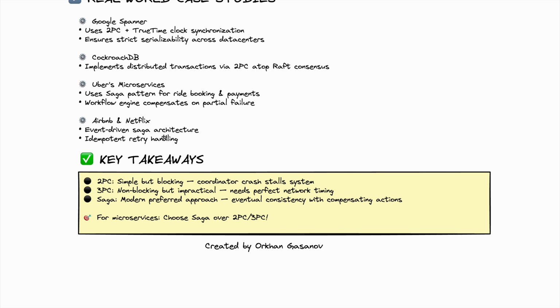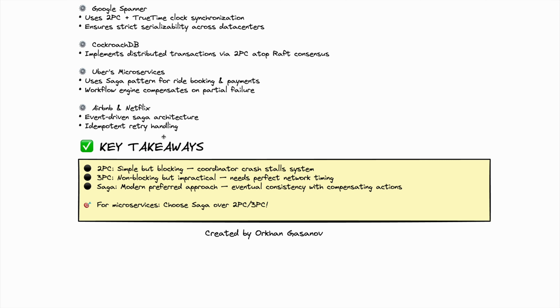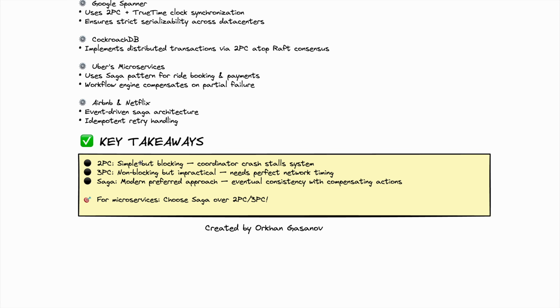The key takeaway from this episode is that the 2PC is simple but blocking. If the coordinator crashes, then all of the participants are blocked. 3PC is non-blocking, but impractical. It needs perfect network timing, so it's rarely used in real world systems.